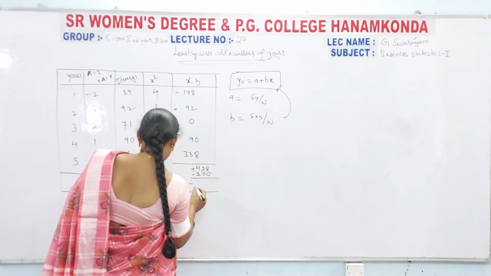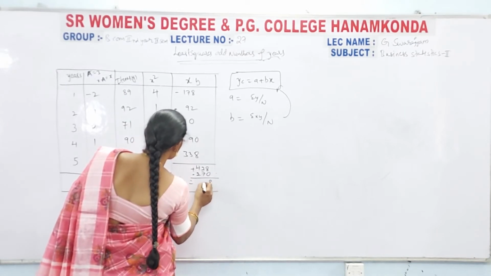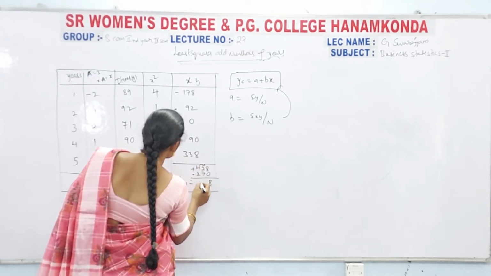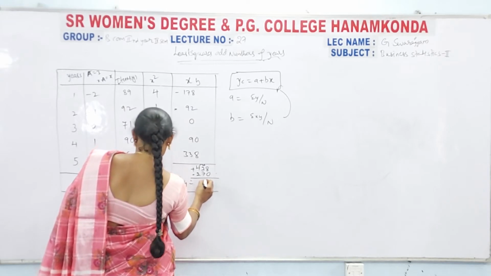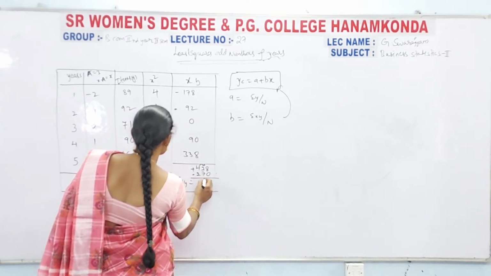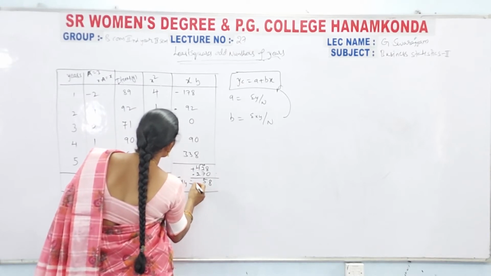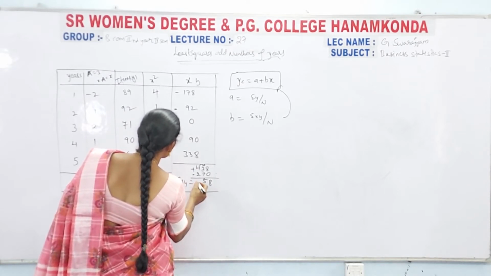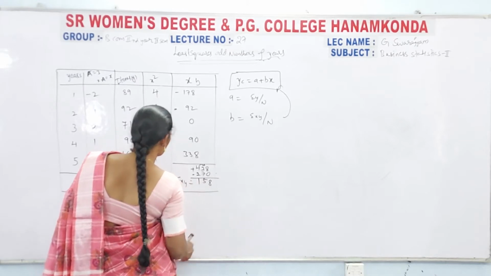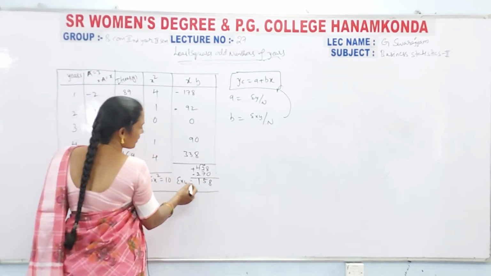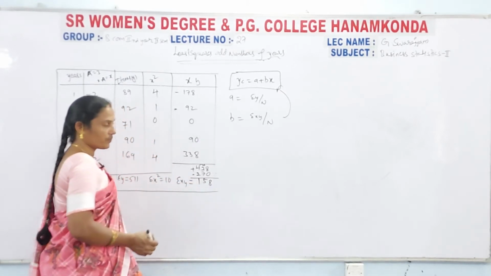Then the remaining amount is 428 minus 270, which is 158. Okay. So sigma xy value here is 158.